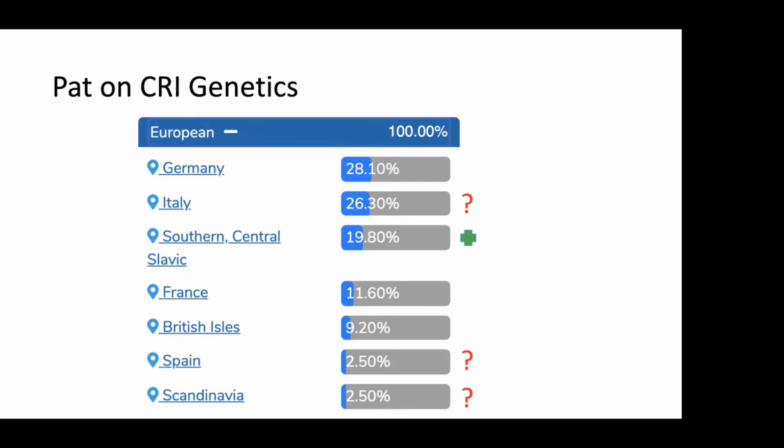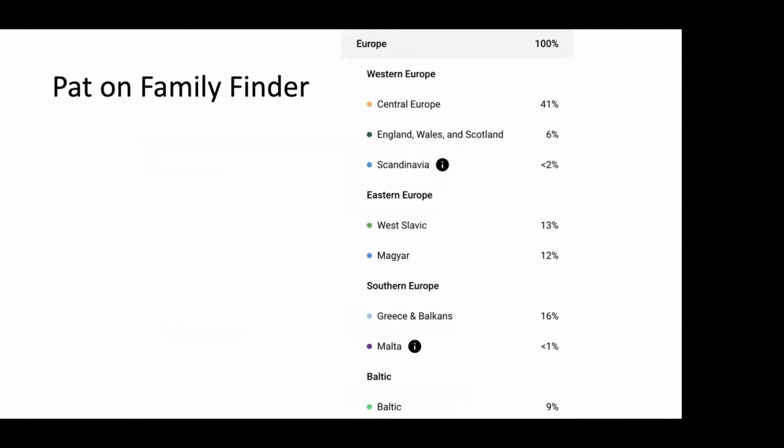It looks like much of her Croatian has been misidentified as Italian. The sum of those 2 regions would be 46%. The small amounts from Spain and Scandinavia are outside her known ancestry and could just be statistical noise.